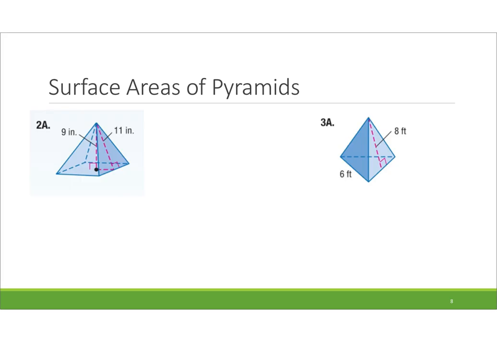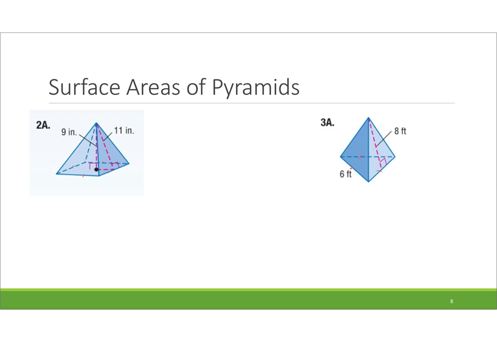All right, here we go. Let's have some fun. Now, in this slide, we have a square pyramid and a triangular pyramid. Because these shapes are regular pyramids, they have to be regular pyramids in order for the equation to work. That's how I know that over here I have a square and over here I have an equilateral triangle.